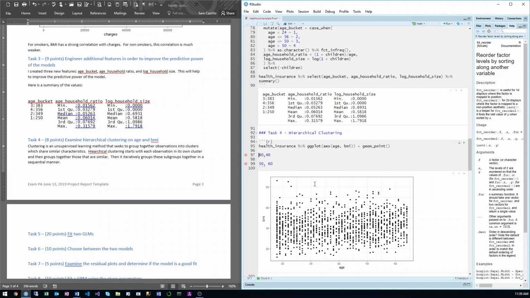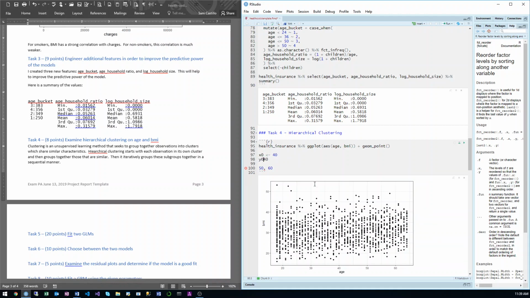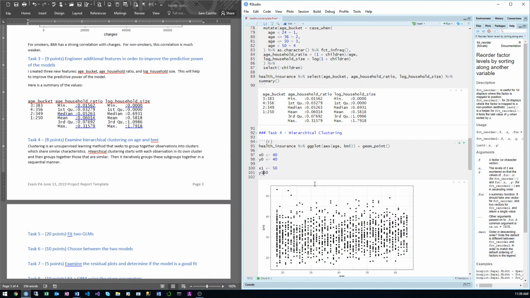Right? So let's call X naught equal to 40, Y naught equal to 40. X1 is equal to 50. Y1 is equal to 60.